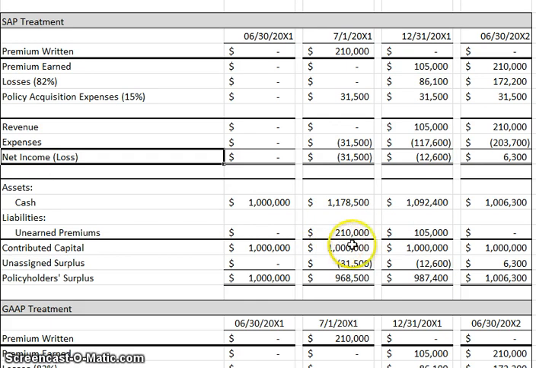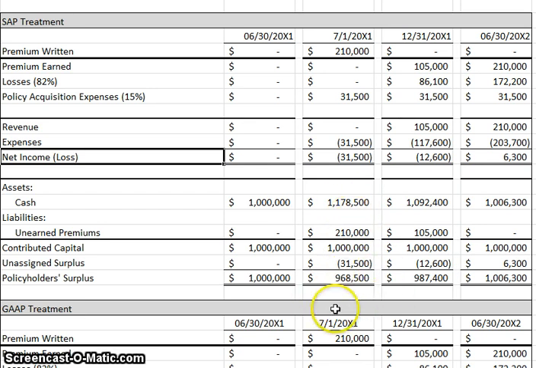You can see that here where we put the $210,000 into the unearned premium reserve, and then while we would actually earn this day by day, on this chart it shows after 6 months we've earned half of it, and then by the end of the policy period we've earned all of it. But we continue to subtract the acquisition expenses as though the revenue were all recognized up front.